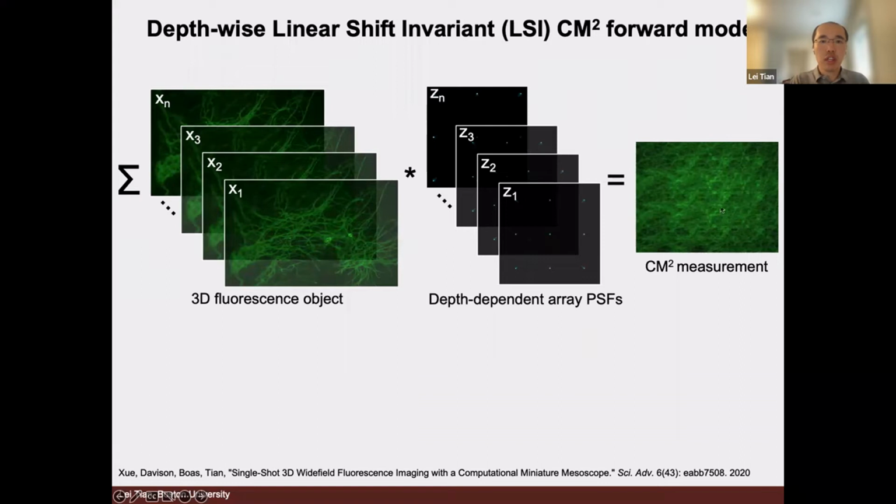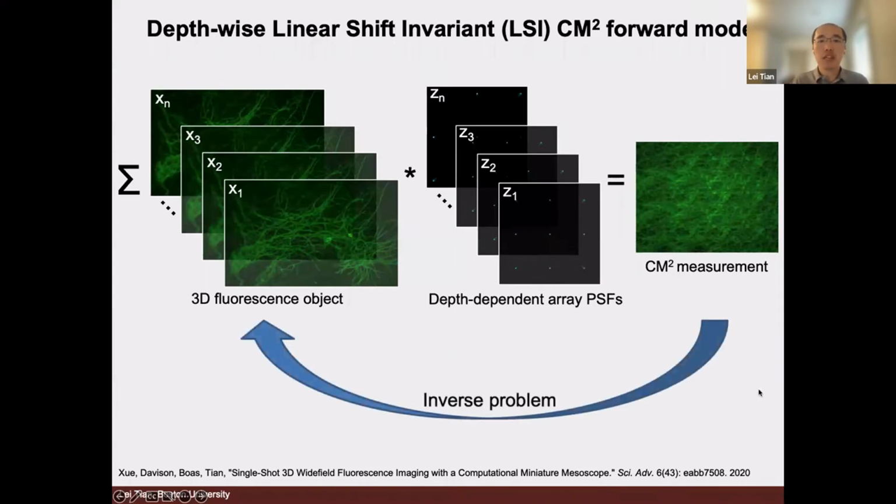The corresponding 2D measurement, which is a single shot, is basically a summation of this depth-wise convolution. We convolve them slice by slice, then sum them, and get a 2D measurement. This is a simplified version; you can find more details in our publication.